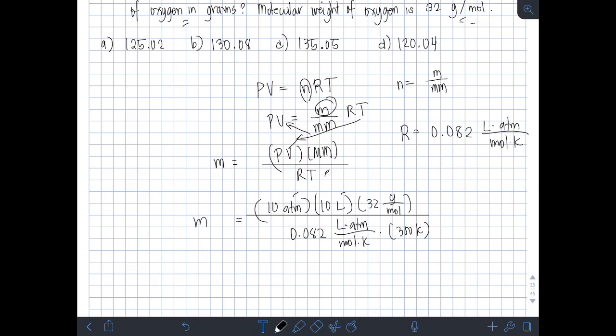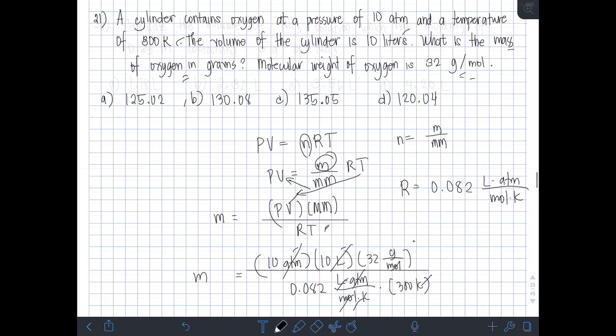Pag sinolve natin to sa calcu, makakancel natin itong atm, liters, mole, Kelvin, matitira is gram. So mass is 130.08 grams. Therefore, the answer is letter B.